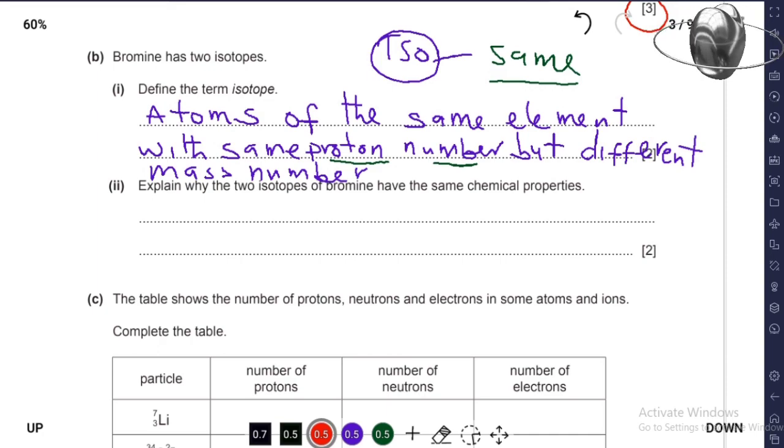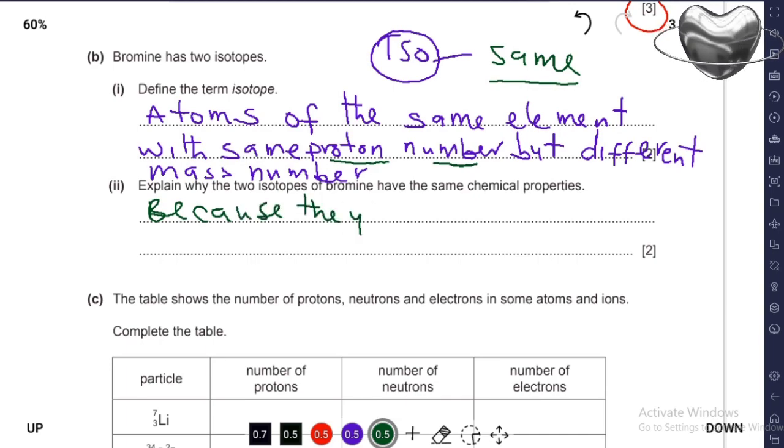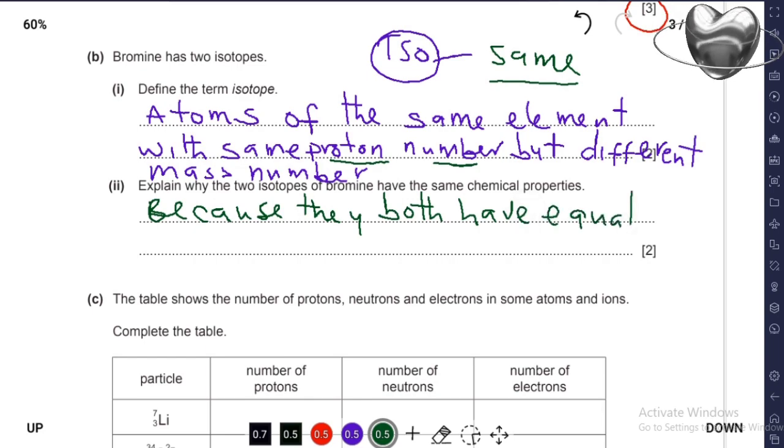Therefore, we are going to say bromine isotopes will have the same chemical properties because they both have an equal number of protons.